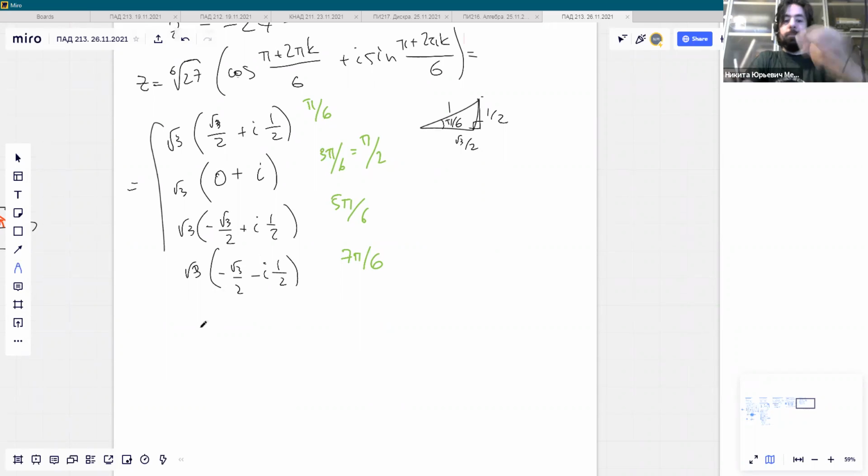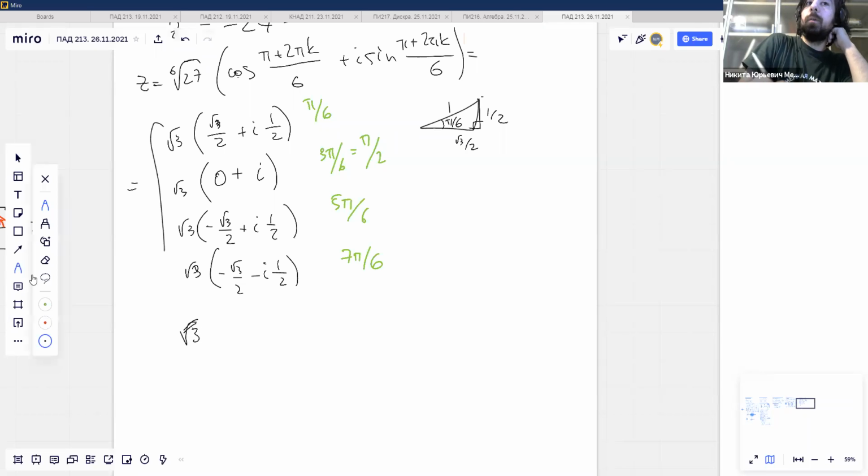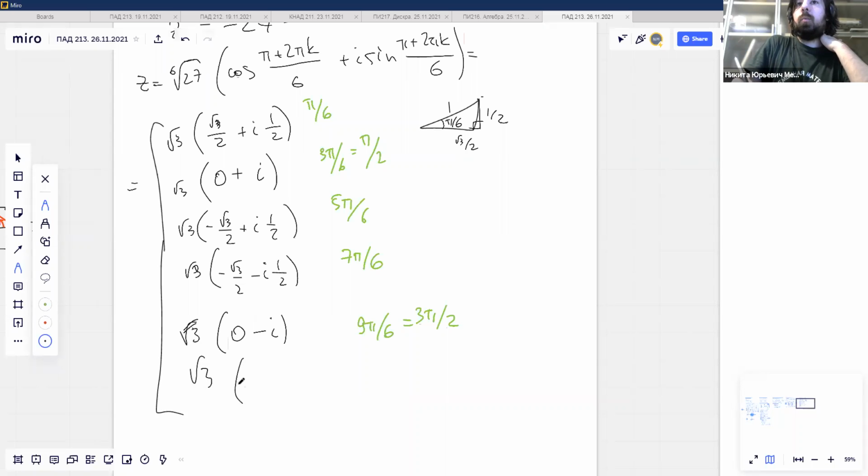Now my pen stops working. Okay. Now 9 pi over 6 is 3 pi over 2. So once again, I get a good angle. In fact, that's 0 minus i. And for the sixth one, finally, let me simply write the result without much explaining. It's going to be this.